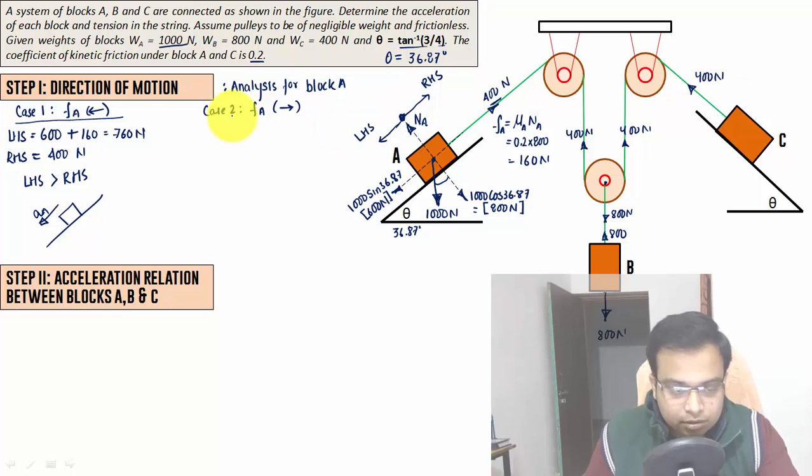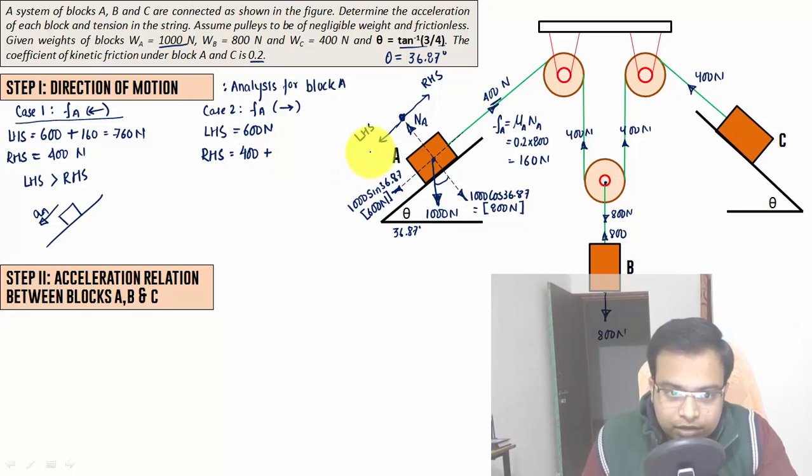Now let's check this. Let's take the frictional force towards the right hand side. In that case, LHS will have only one force, that is this 600 Newton force. And RHS already has this 400 Newton force. So 400 plus what? Where is the friction force?